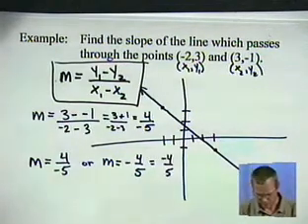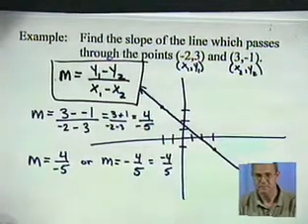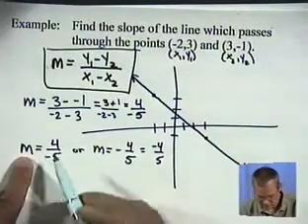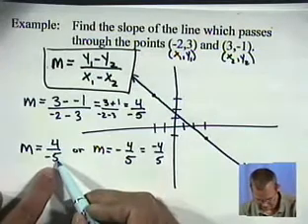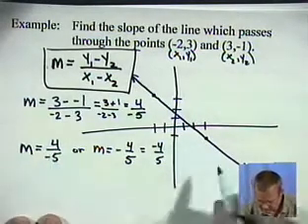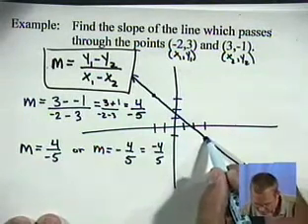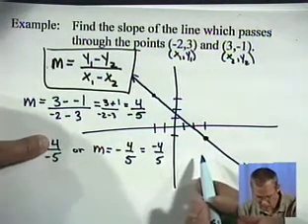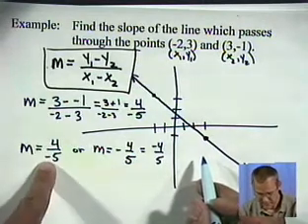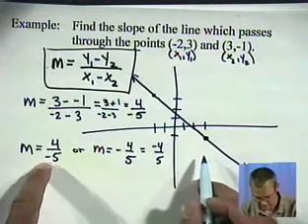Now let's investigate what the heck slope really means. Well, the slope is 4 over -5, or -4/5, however you want to think about it. That means if I start at this point here, I'll have to go up 4 units, over to the left 5 units to get to another point.